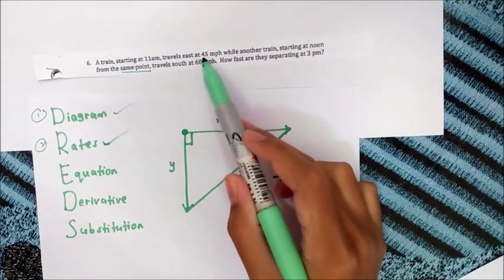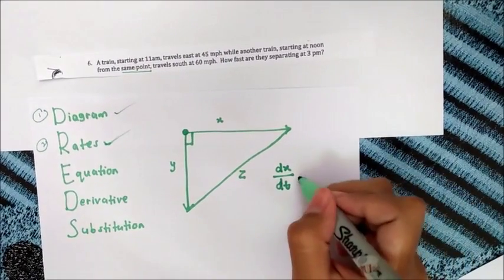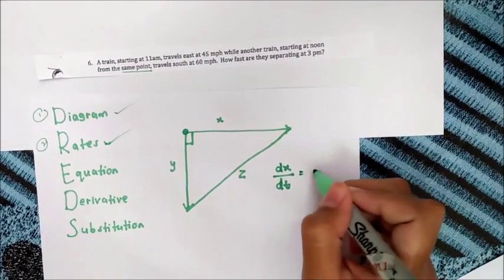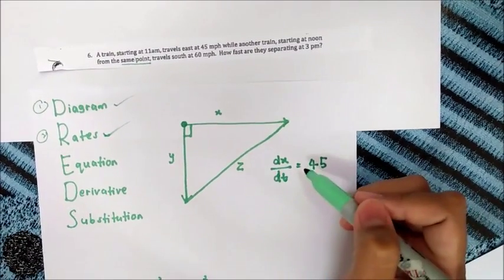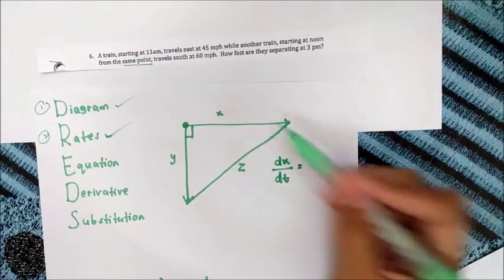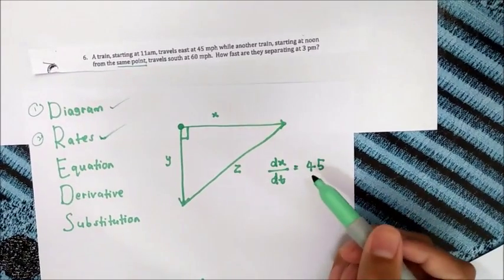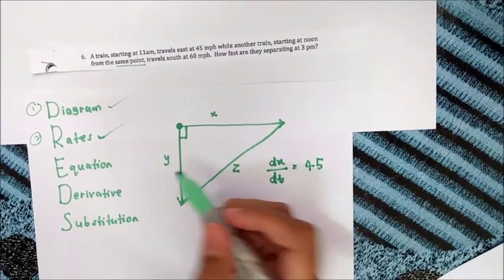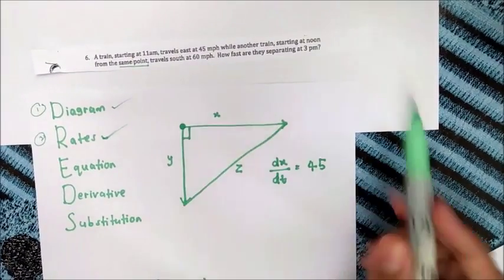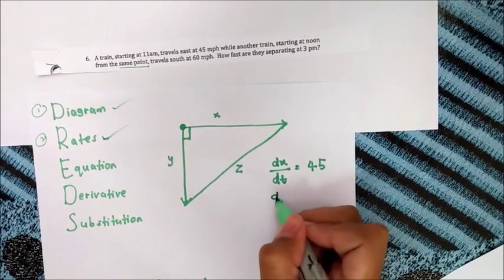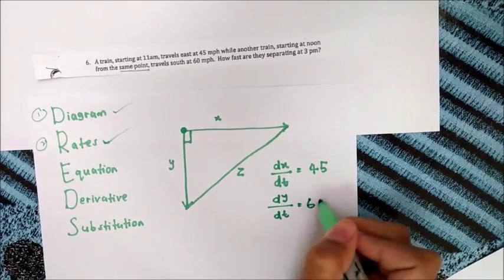Since 45 is the miles per hour and hour represents the time, so we have dx over dt is equal to 45. This is for x. So the information for y is that y travels south at 60 mph. So we have dy over dt is equal to 60.